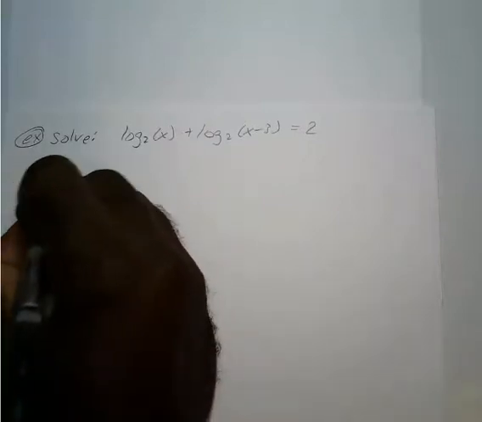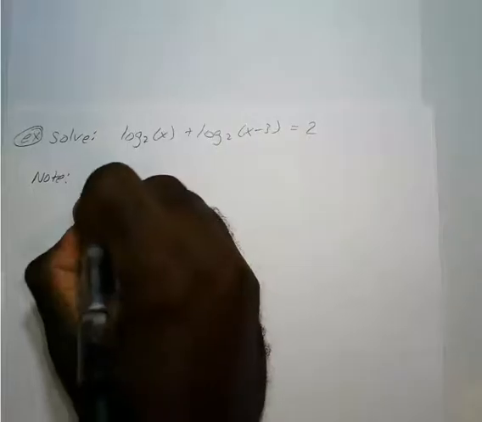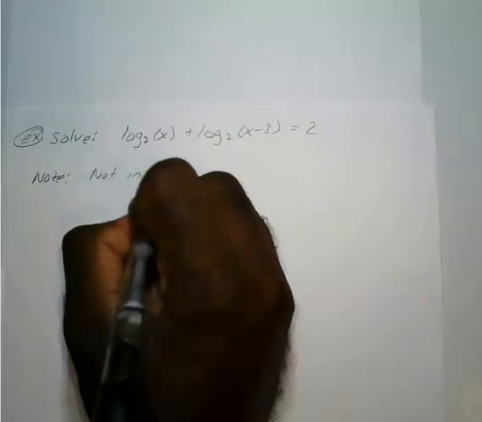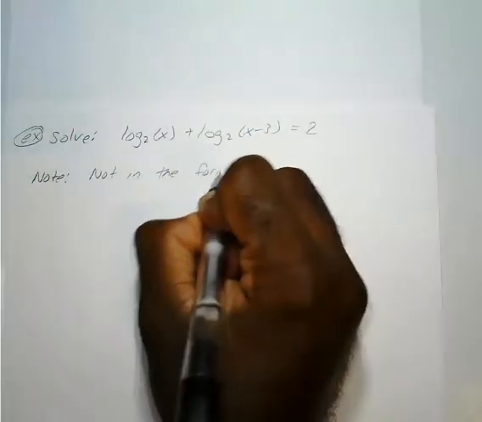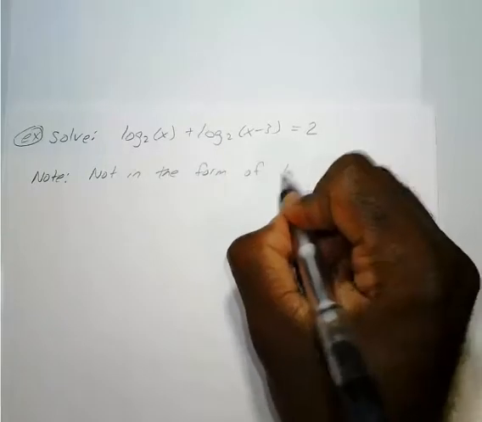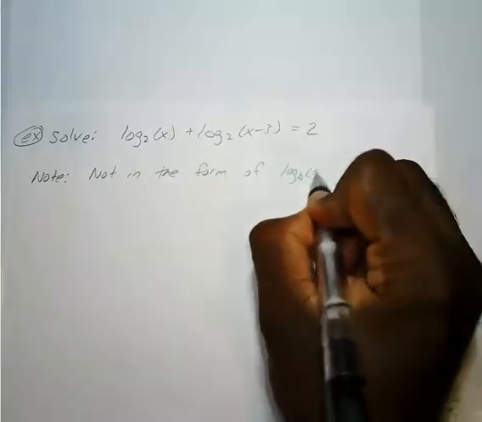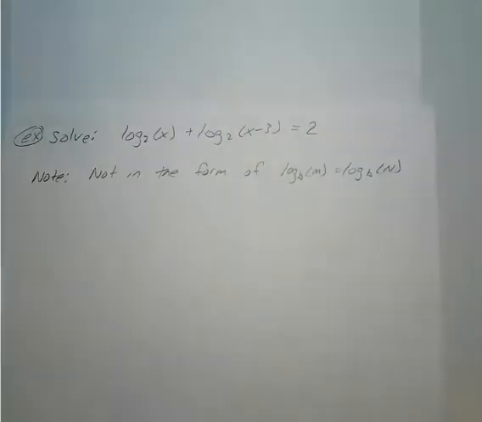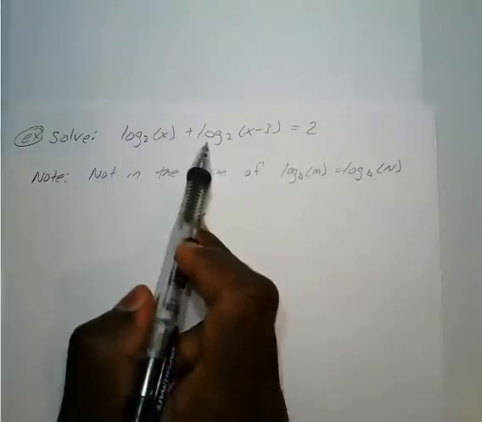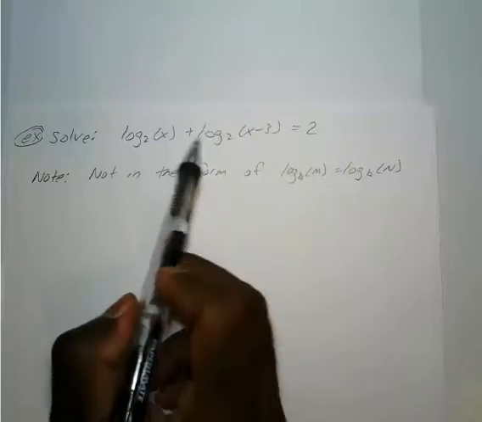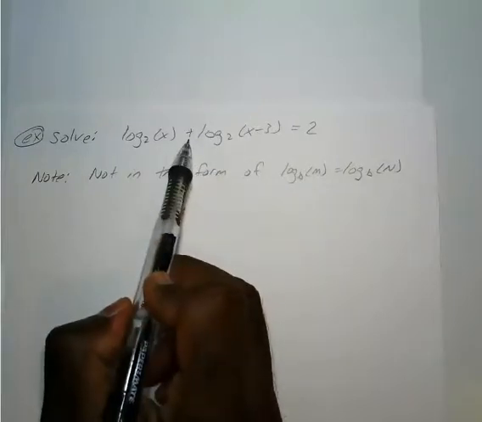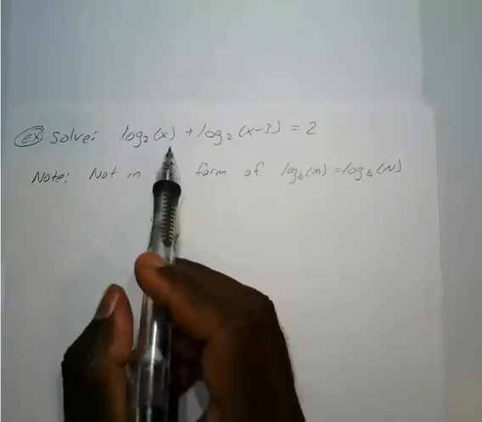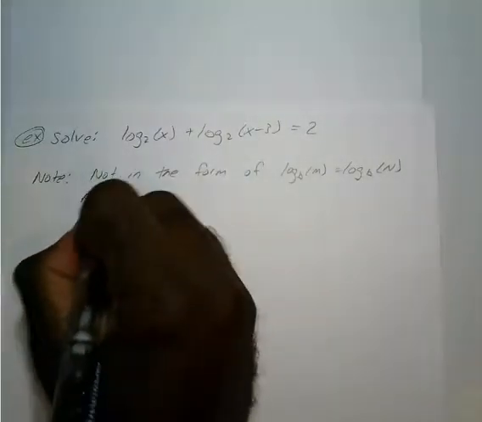Okay, so if you notice, it's not in the form of log base b of m equals log base b of n. Okay, so since it's not in the form of that, the one thing you want to do is, we see that plus sign, so we know we can use the product rule.